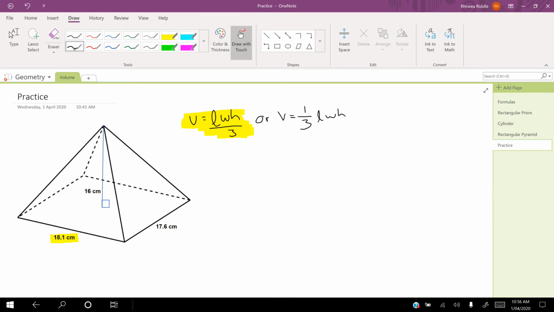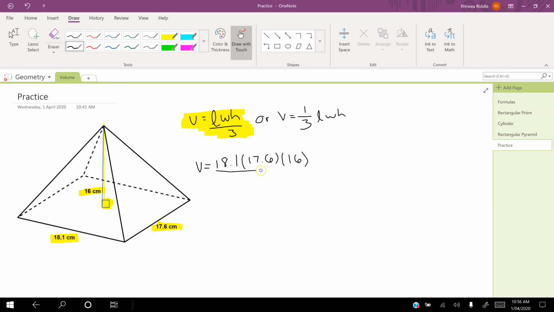I'm just choosing 18.1. So volume equals 18.1. Our width is 17.6. And our height is 16 because it creates a perpendicular line to the base.